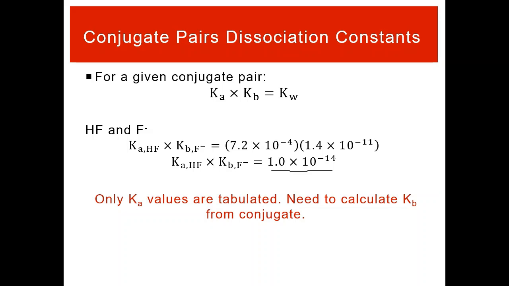It's usually more specialized for people who are using the same Kb over and over again. It's much more common to find really extensive tables of all of the weak acid dissociation constants, and then you can use this relationship to figure out Kb, because Kw is always 1 times 10 to the negative 14th. So if you know one of the dissociation constants, Ka or Kb, you can always compute the other.